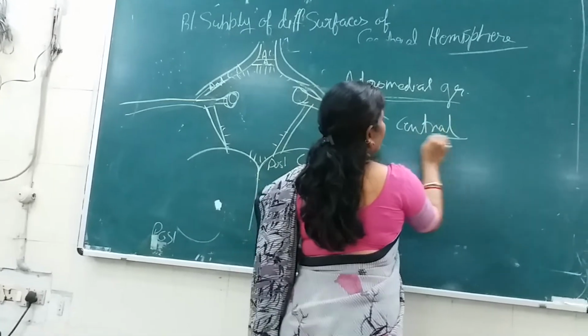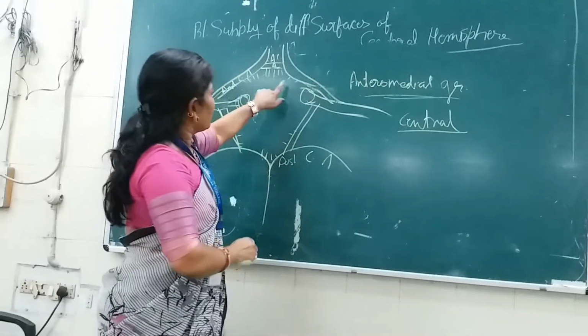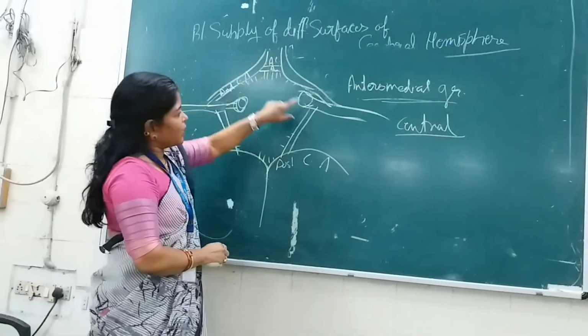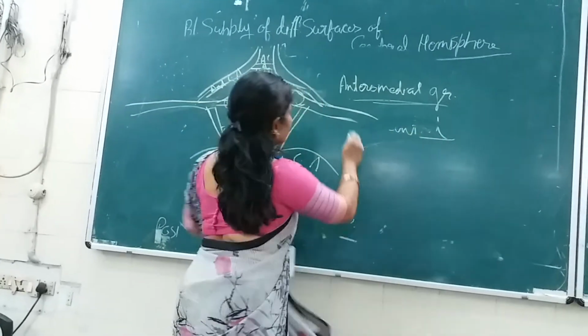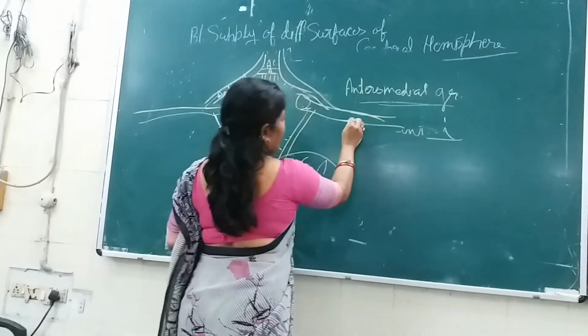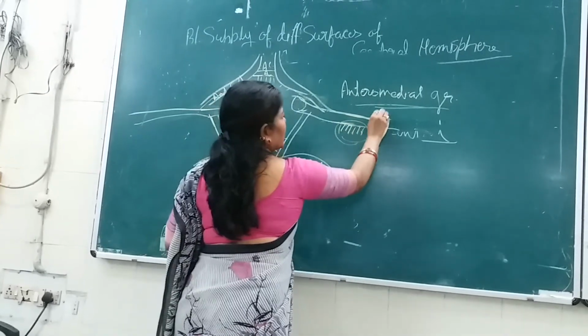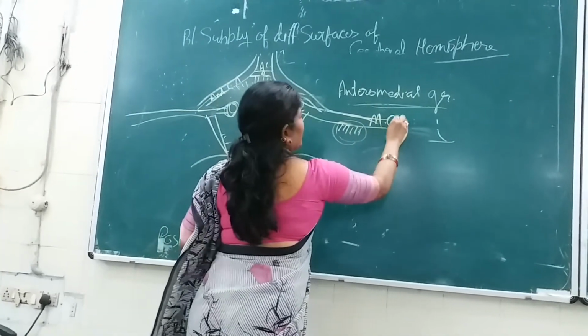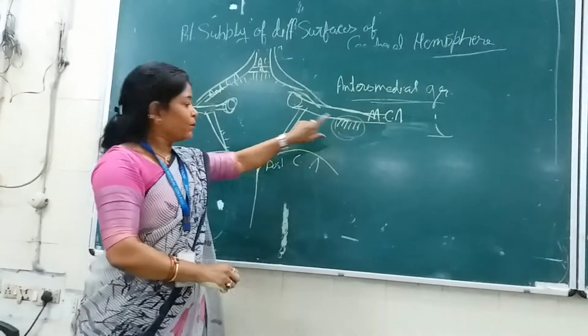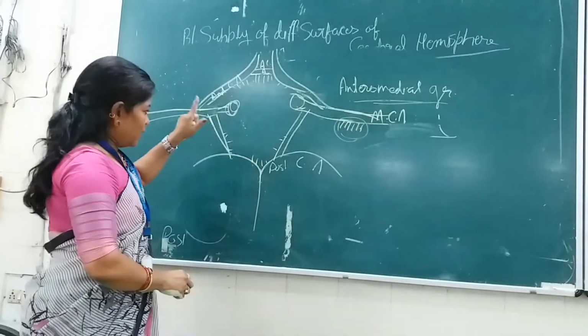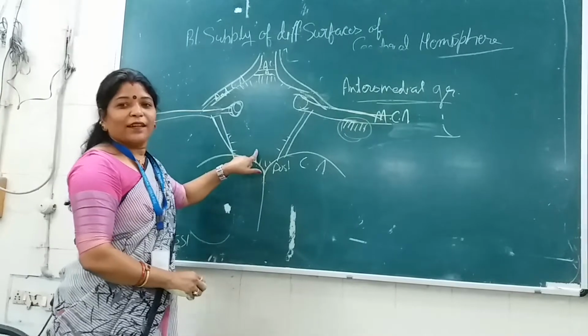So the central branches are arranged in four sets. Anteromedial and anterolateral will be there. This is the middle cerebral artery, so the anterolateral set is present here from the middle cerebral artery. Now the posteromedial, what is there?